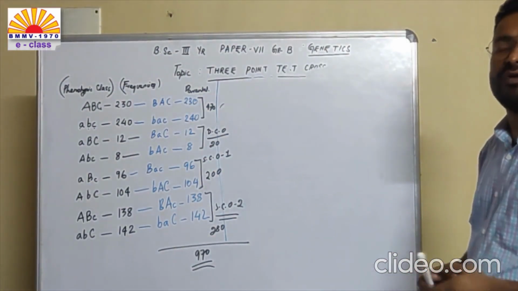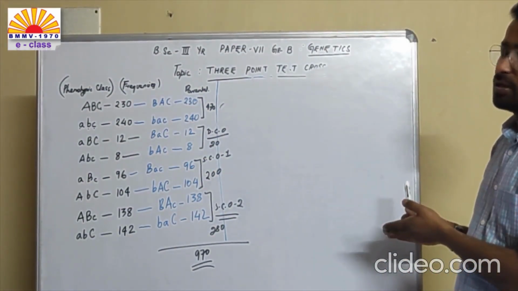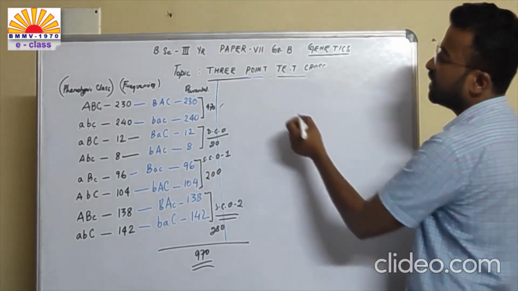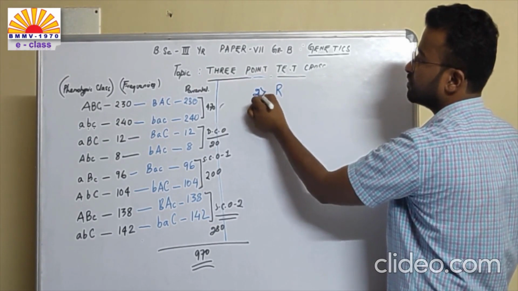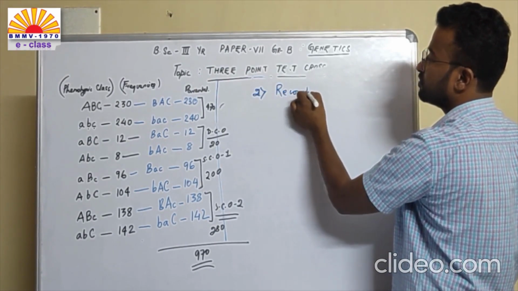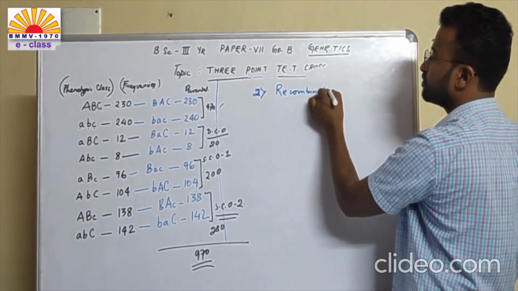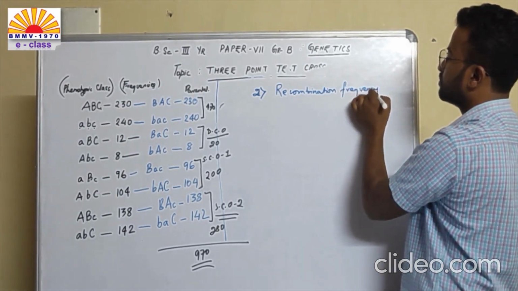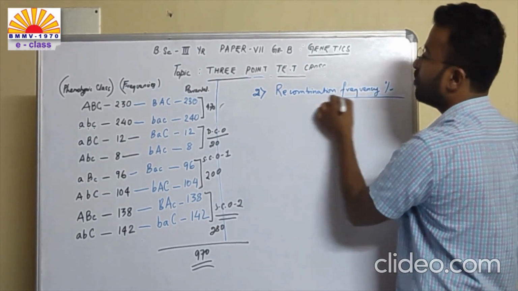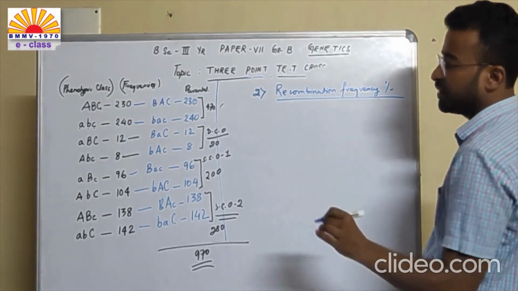Now another problem you have to solve is finding out the recombination frequency percentage. Okay, what is the percentage of recombination frequency?